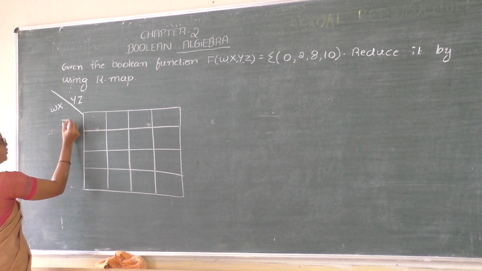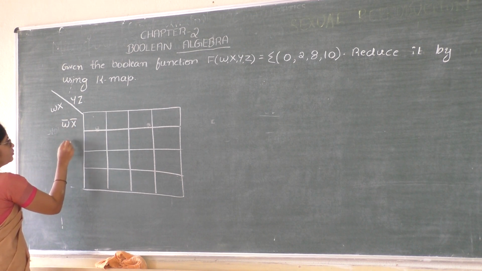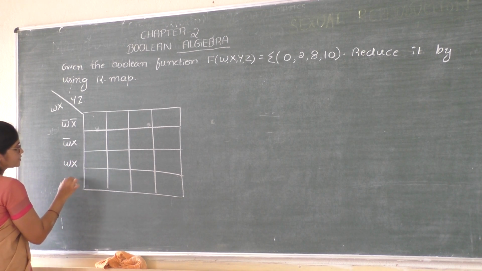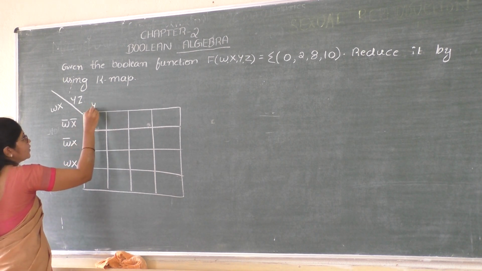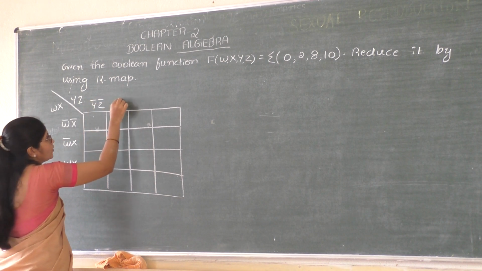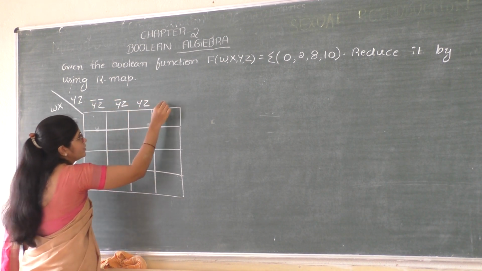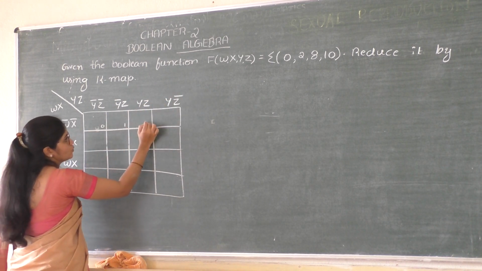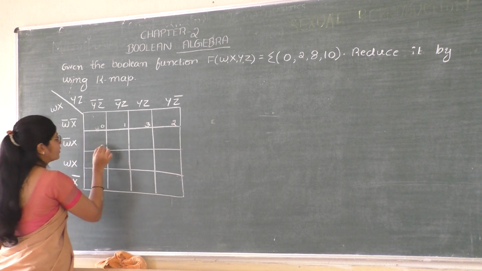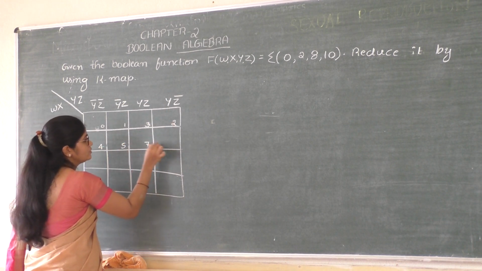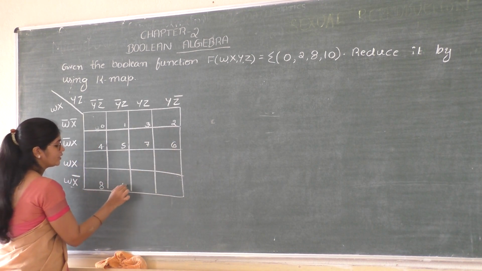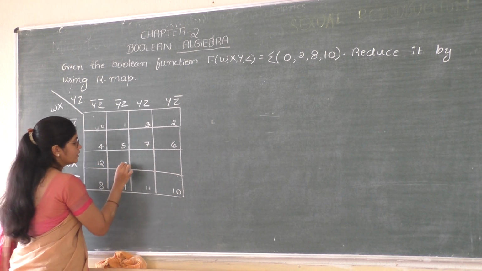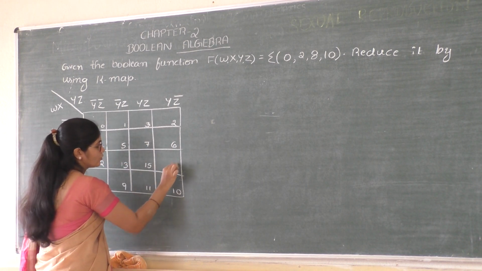The first row: w bar x bar, w bar x, w x, w x bar. Next, y bar z bar, y bar z, y z, y z bar. Numbers of the squares are 0, 1, 3, 2, 4, 5, 7, 6, 8, 9, 11, 10, 12, 13, 15, 14.